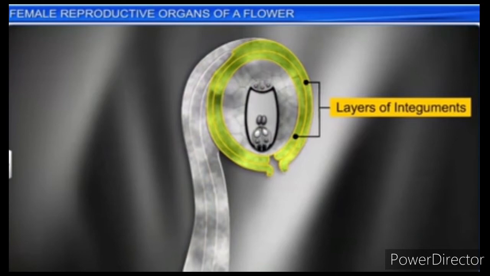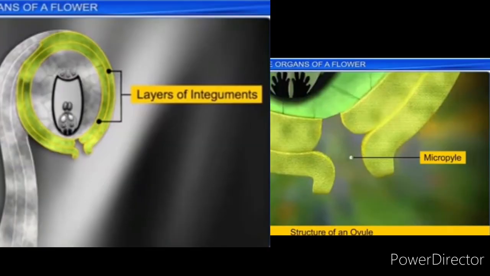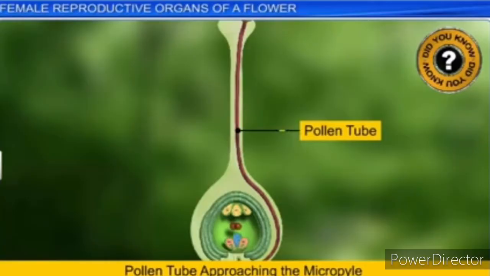These integuments cover the entire ovule except at the tip, where there is a narrow opening called micropyle. Micro means small, a small opening. Only at that portion are the integuments absent, and everywhere else the coverings are present. It is the entry point of the pollen tube during the process of fertilization.